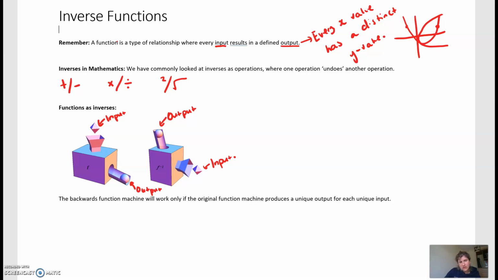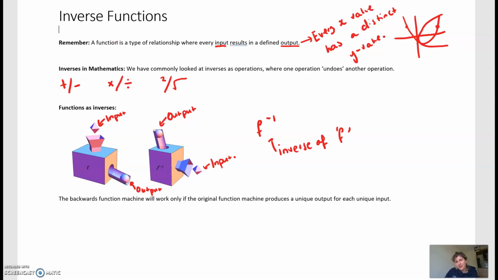Just a little bit of notation for you here. This f^-1 means the inverse of function f, the inverse of f. Something else to note, that's not the power of -1. That is something different, what we call a multiplicative inverse, which you might look at later on.